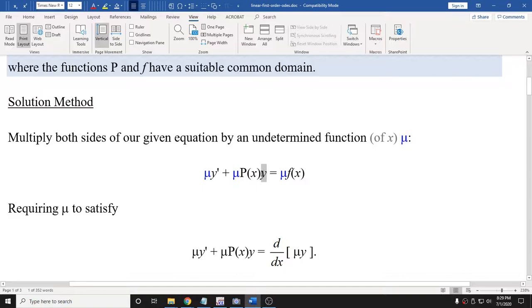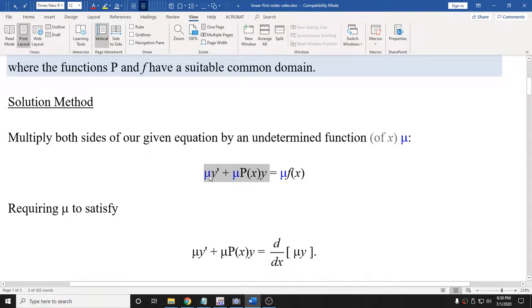The idea that we want to utilize in solving our differential equation is making this new left-hand side the derivative of a product. What product do we want to say this is the derivative of? Well, it should be mu times y.